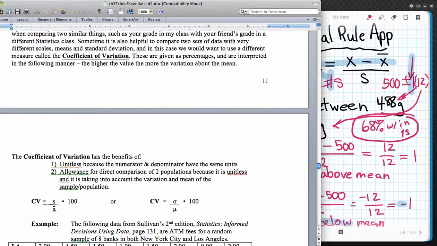It becomes a unitless measure and then allows for direct comparison because you're talking about apples to apples rather than two different numbers from two different populations. So if there's a reason to compare them, you can actually compare them legitimately.